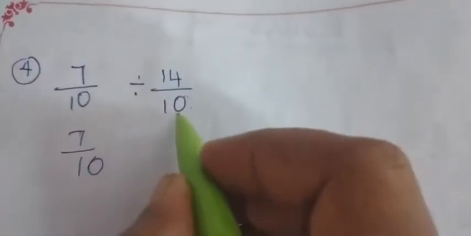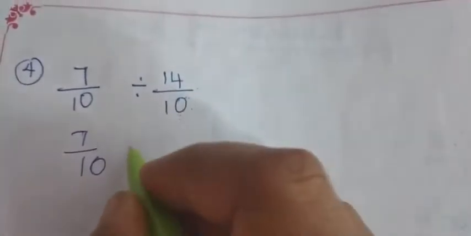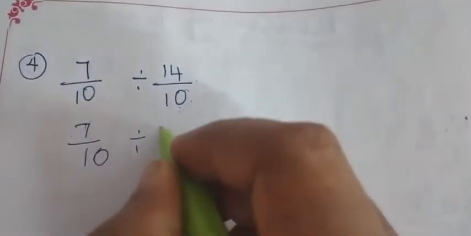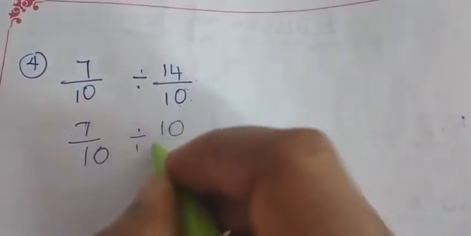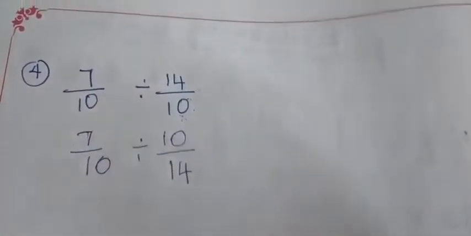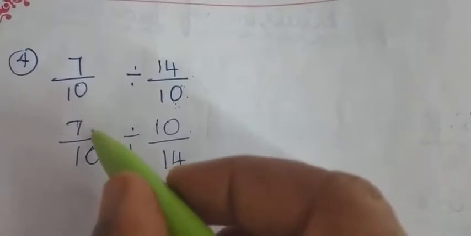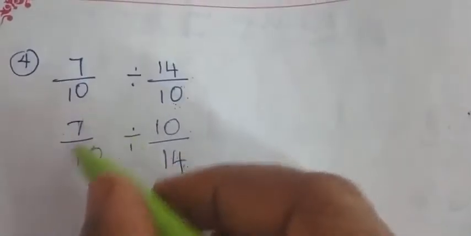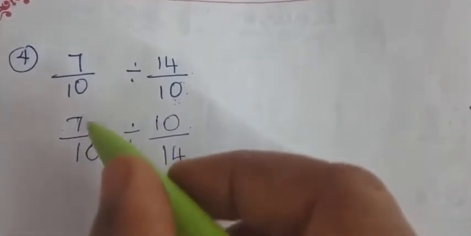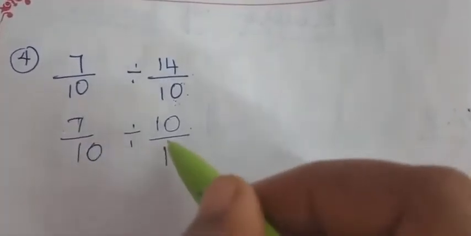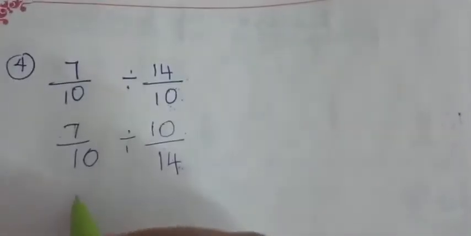This is multiplicative inverse. 14 by 10 will become 10 by 14. Why do we write like this? So that we can divide, or we can cancel by using short forms. So we have to write in this way.